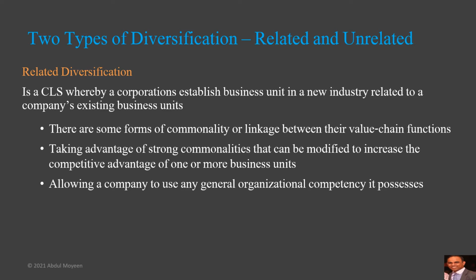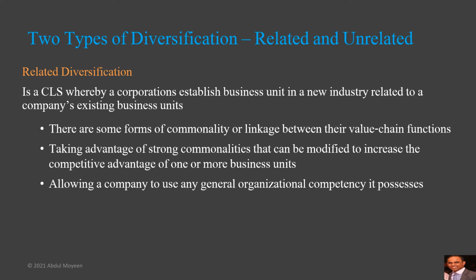There are some forms of commonality or linkages between the value chain functions, such as manufacturing, research and development, and marketing of these businesses in two industries. And therefore, this linkage or commonality can be successfully tweaked or modified to increase the competitive advantage of one or more business units.